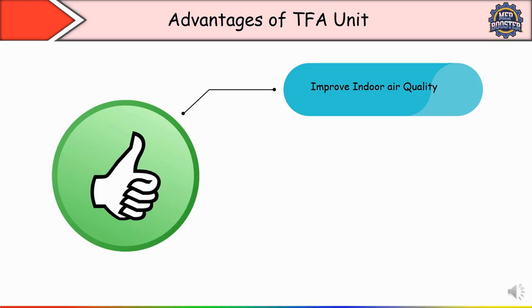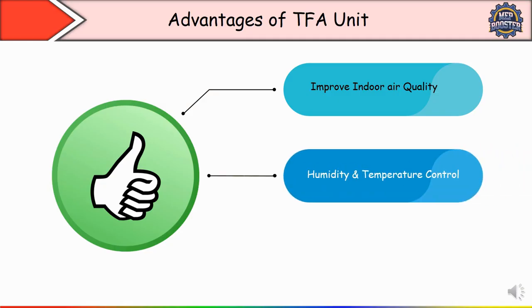TFA units supply fresh outdoor air, filtering out contaminants such as dust, allergens, CO2 and volatile organic compounds. Cleaner and healthier air enhances the well-being of occupants, reduces the risk of allergies and respiratory issues, and improves overall comfort.